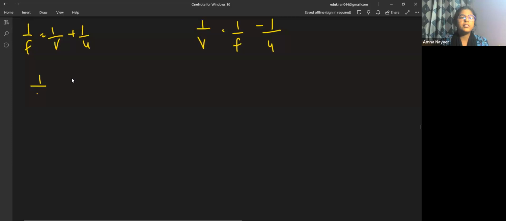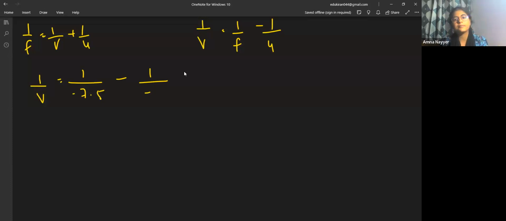So 1 by v will be 1 by focus, minus 7.5, minus object distance, which was minus 10. So this becomes minus 10, 7.5. So minus 2.5, and that is 7.5 into 10.